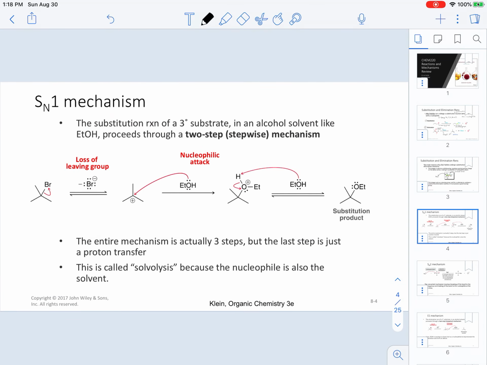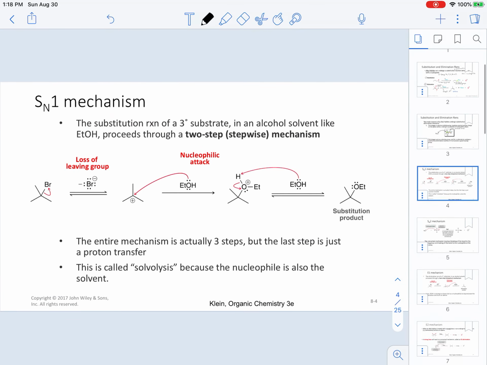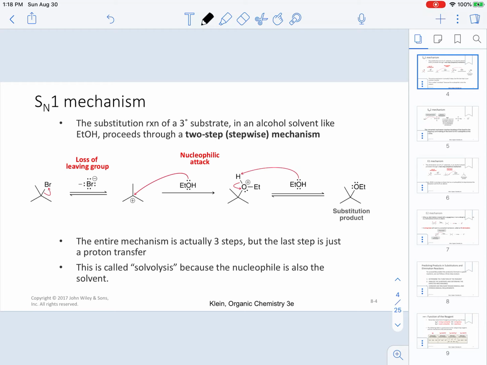Let's now go into detail over the different mechanisms that we need to be familiar with for substitution and elimination reactions, starting with SN1 mechanism. So, understand that in the SN1 mechanism, which is nucleophilic substitution 1, we have, for the most part, as you can see, a tertiary substrate, or in other words, a tertiary alkyl halide, as a reactant, okay?